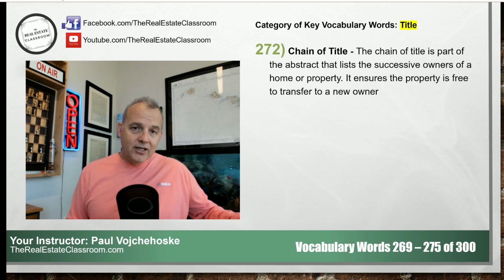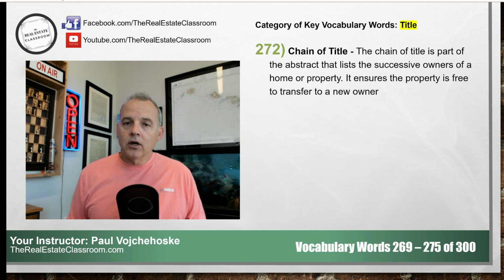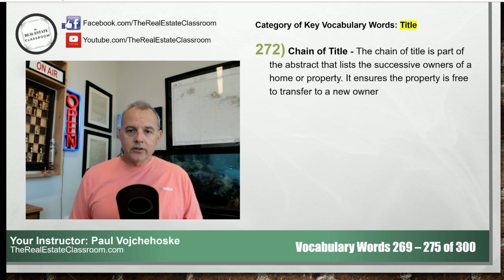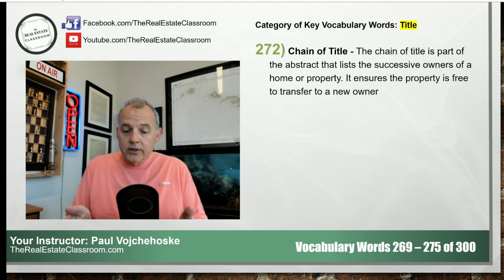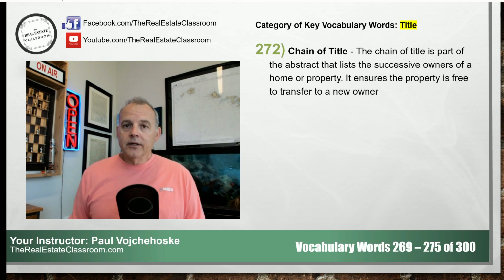And if there's any issue with it, then we have to go back and deal with it using a term called quiet title action. I've already done a video on quiet title action. So the chain of title is a very important part of that abstract. So the abstractor knows that the person buying the property currently is getting title free and clear of liens and encumbrances or a cloud regarding previous owners. So it's very important.